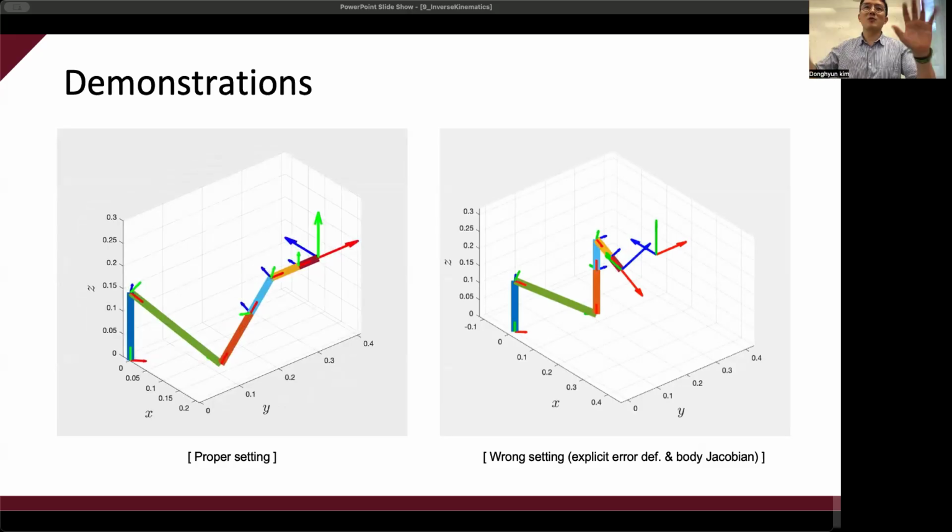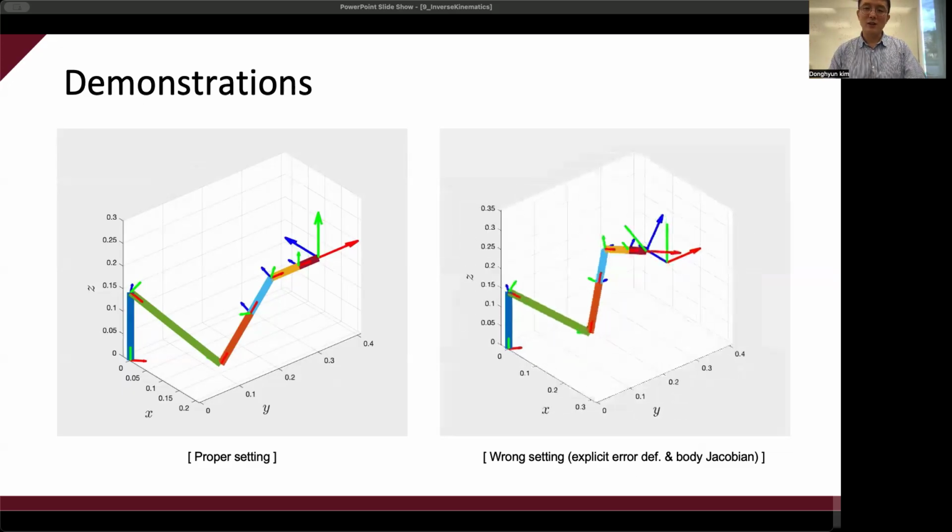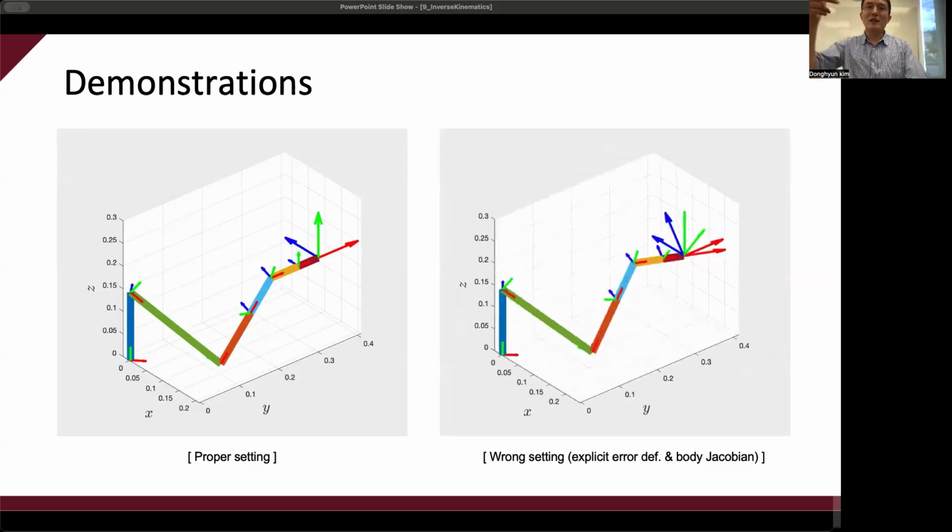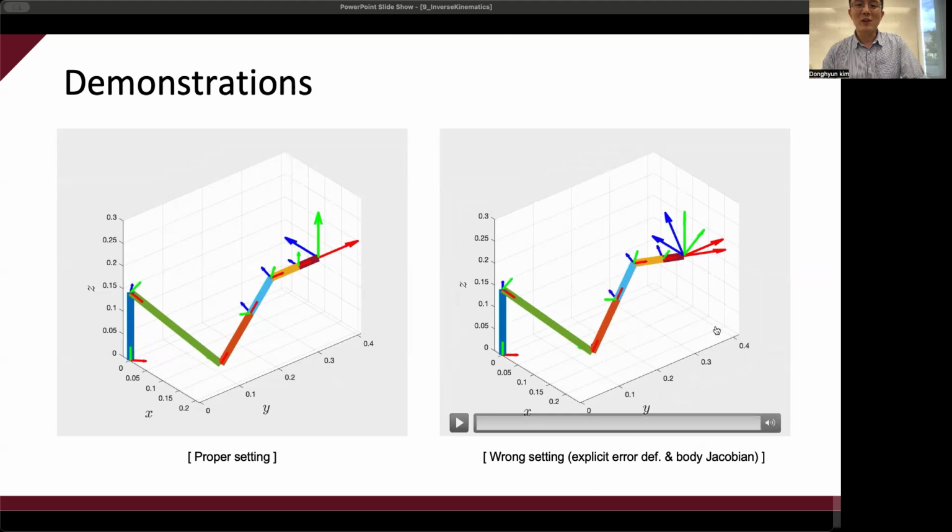If you mix this together, so you define the error in the global frame, but use the body Jacobian, then you are going to see it couldn't go to the target, because you're saying that your error is 0.2 and then move in the vertical direction, but actually you have to move to the left, right? That kind of thing can happen.